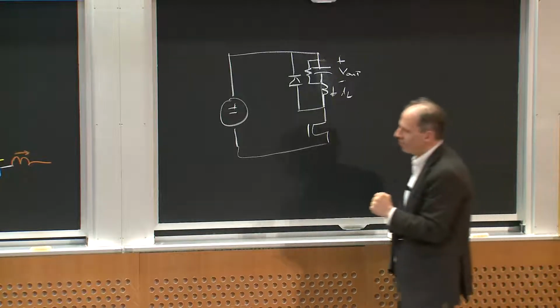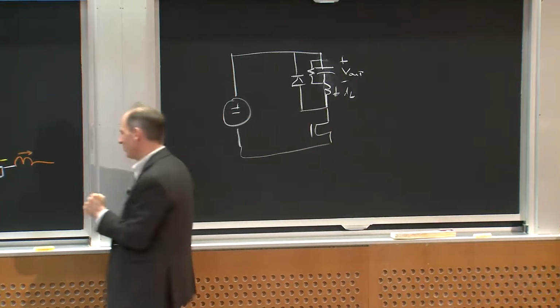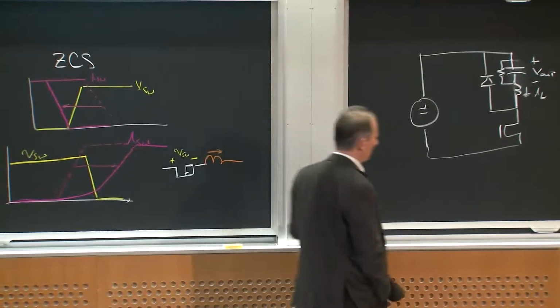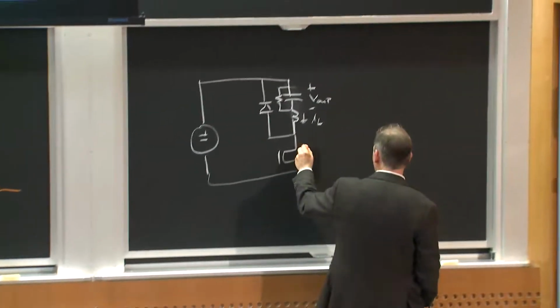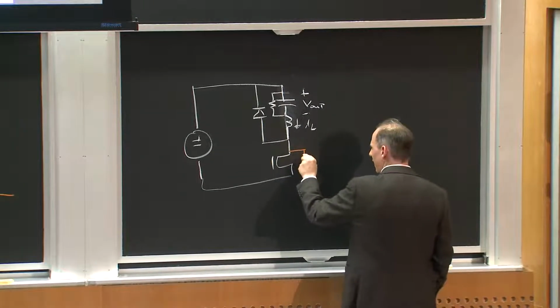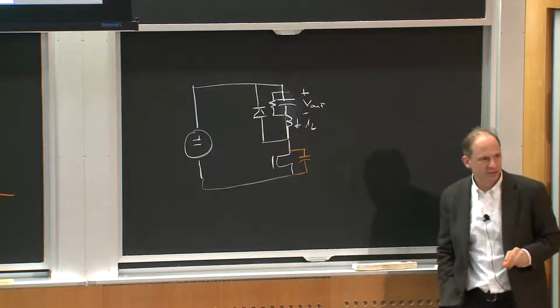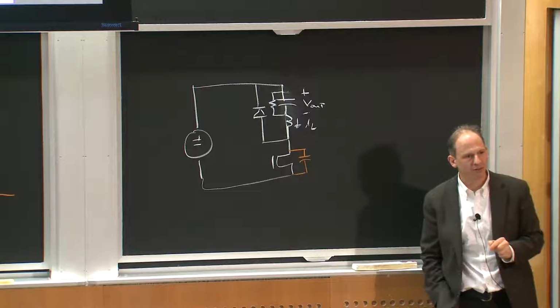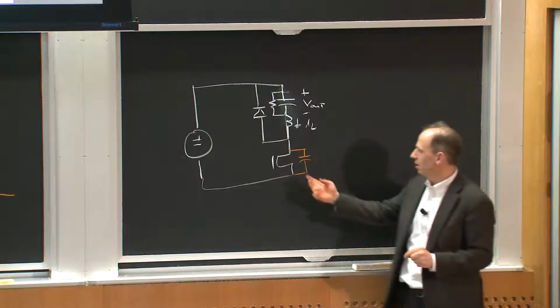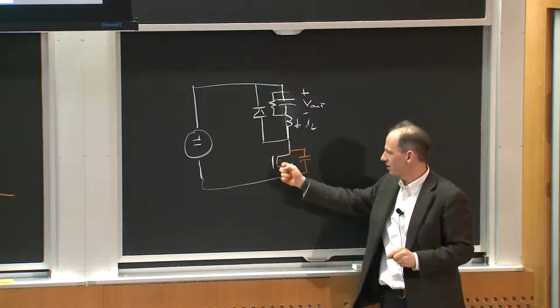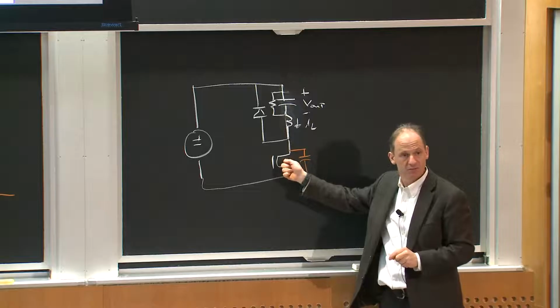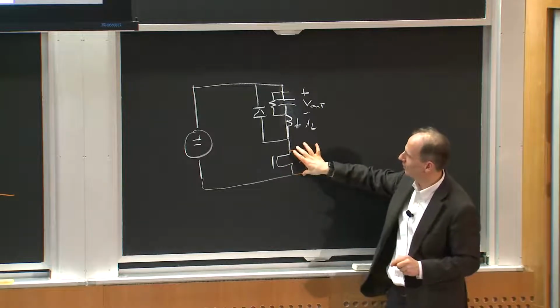But let me tell you the one thing that's missing in the circuit diagram picture, and that is that there's an effective capacitance here, across the device. Where does that capacitance come from? Well, it comes from the fact that this switch has capacitance, and so that's in parallel with the device.